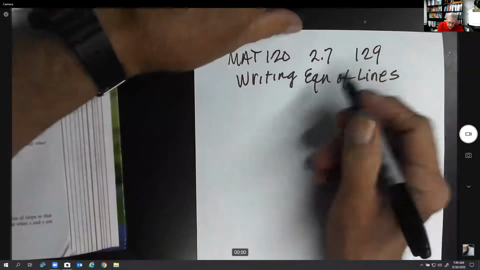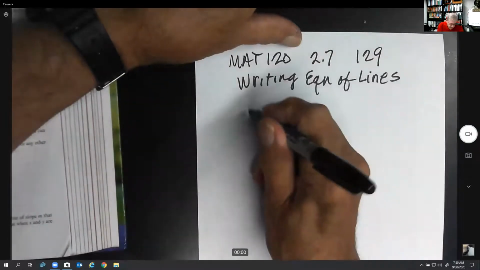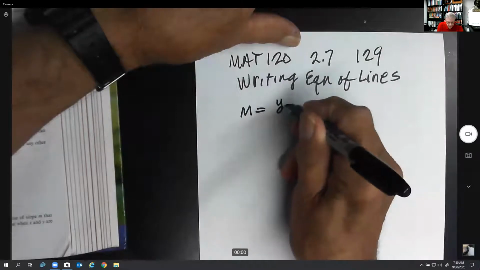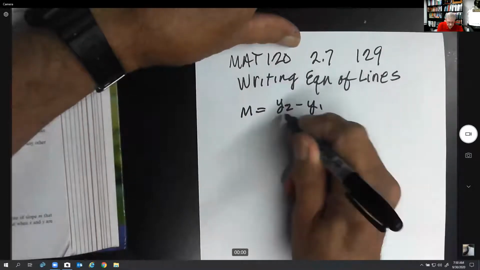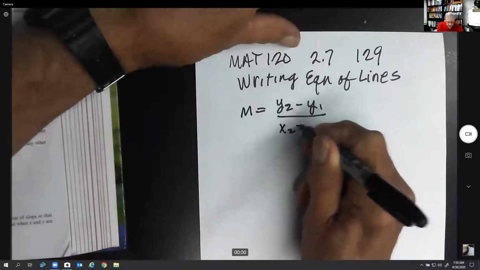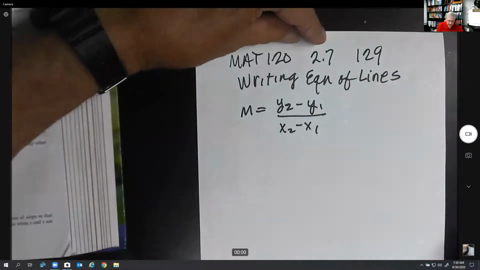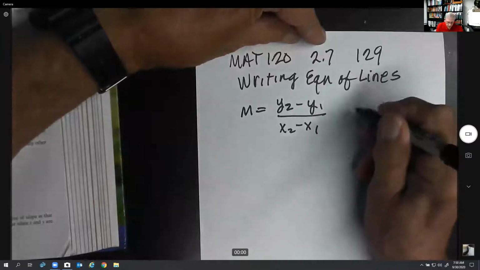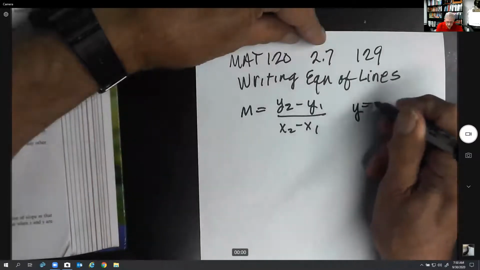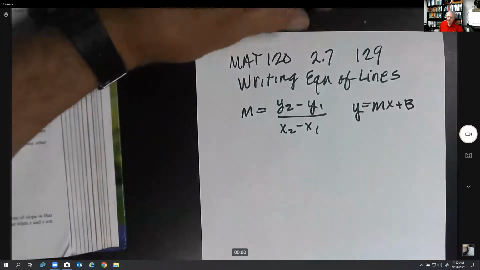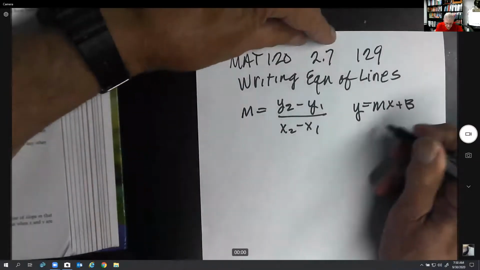Okay, so we have two different formulas we've used. Finding slope, we have this formula, y sub 2 minus y sub 1 over x sub 2 minus x sub 1. And another formula we have is the slope-intercept formula, y equals mx plus b. These are the two basic formulas we need.